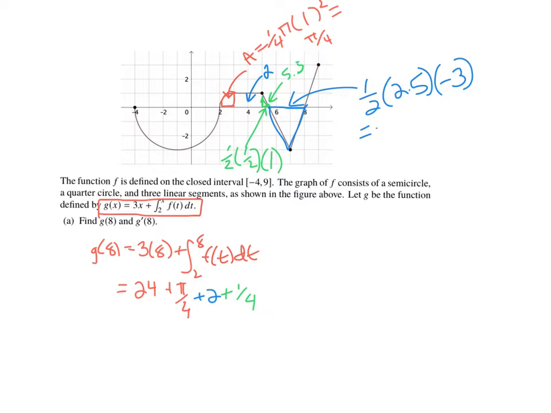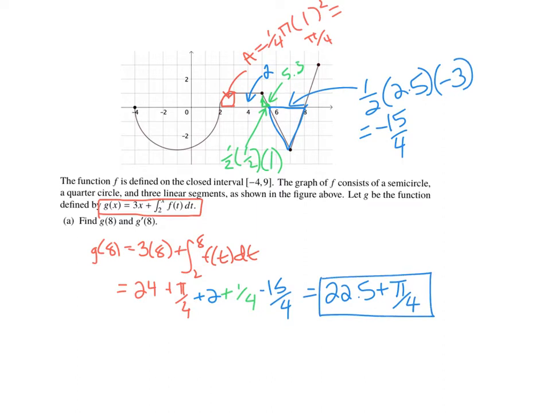You can work it out with the calculator. You find that it's -15 over 4. So when you work this whole thing out, you get 22.5 plus pi over 4. You don't need to simplify the pi. So that's my answer for g of 8.